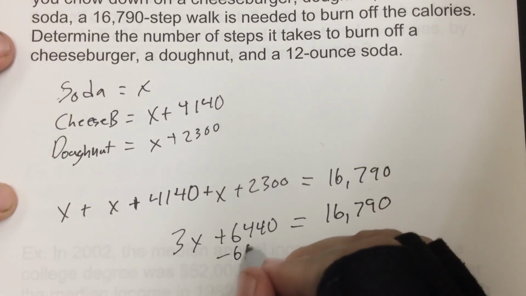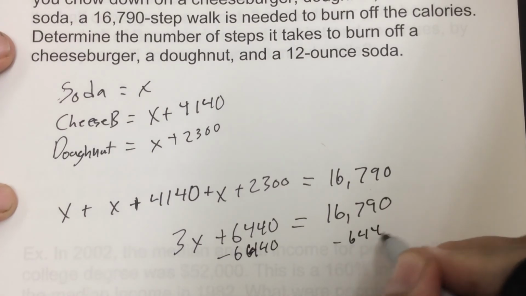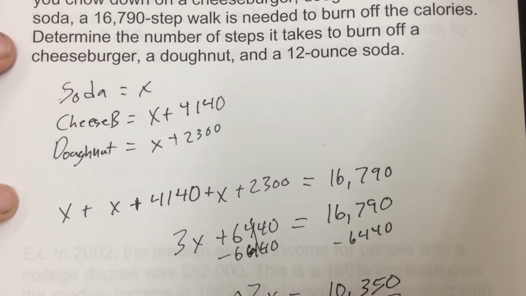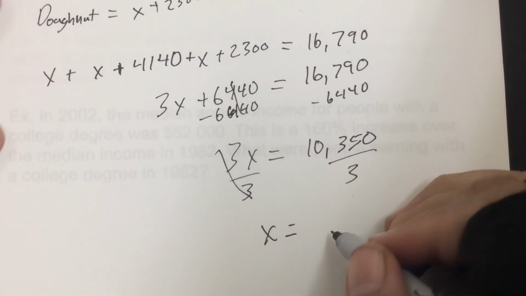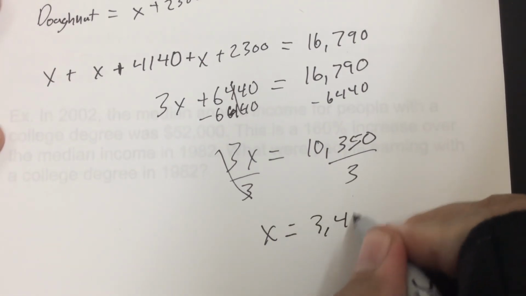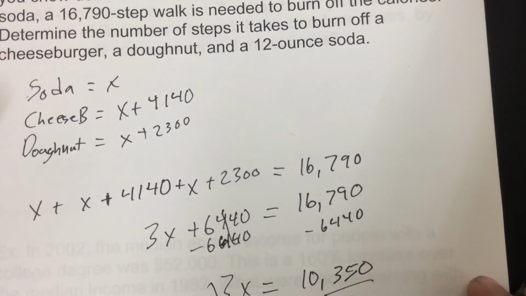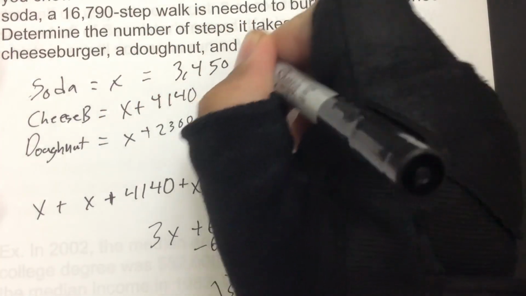So subtract that 6,440 over. 3x would then be equal to 10,350. And if we divide by 3, x would end up being, and I'm off the screen, sorry, 3,450 for our steps. So if we go back up here, the soda is just the x, so it's going to be the 3,450 steps.